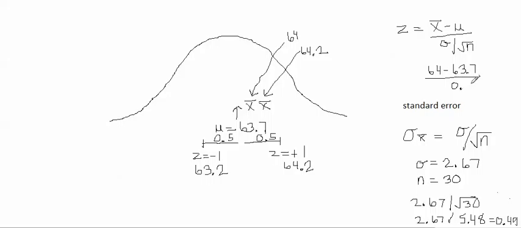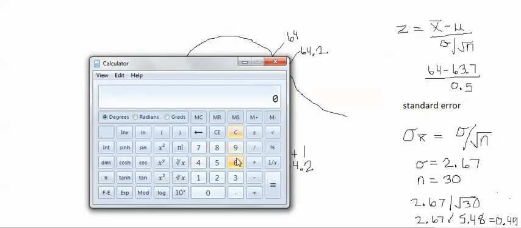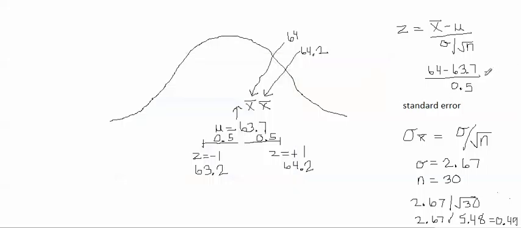So you have to subtract and then divide. 64 minus 63.7 is 0.3, divided by 0.5 is positive 0.6, which means that this sample that had the mean of 64 has a z-score of 0.6.